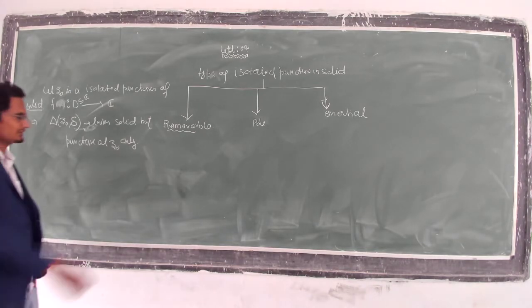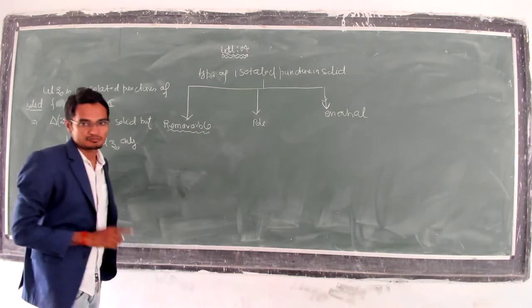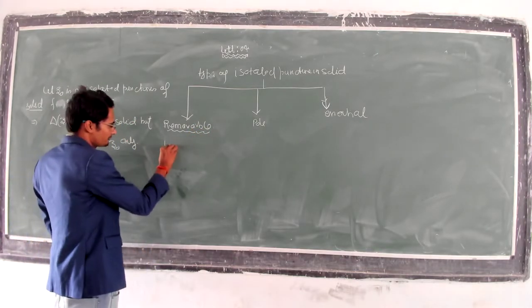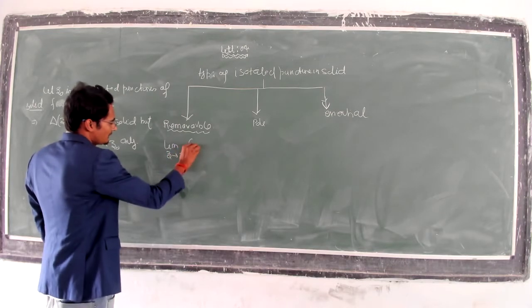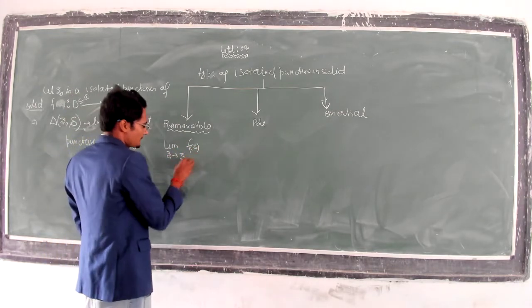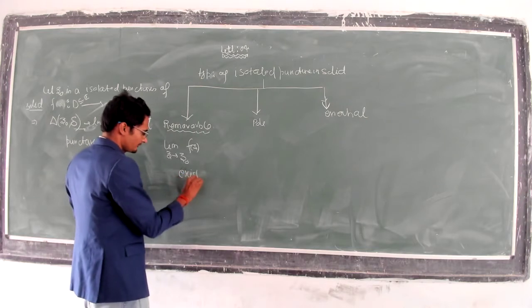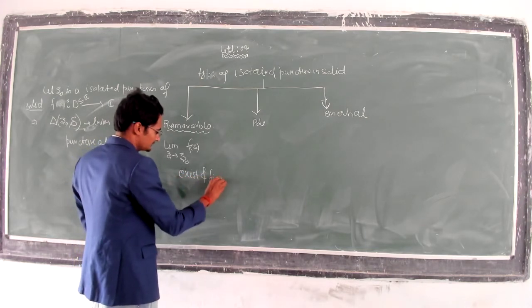Okay, then the third definition is what is removable? So what we will do there: the limit as Z tends to Z naught of f of Z exists and is finite.